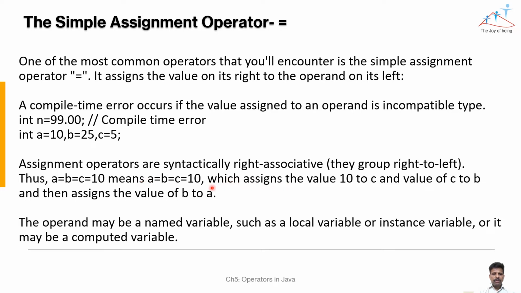First the value 10 will be assigned to c, and the value of c to b, and then finally the value of b is assigned to a. So assignment operators are evaluated right to left, that is, right associative.